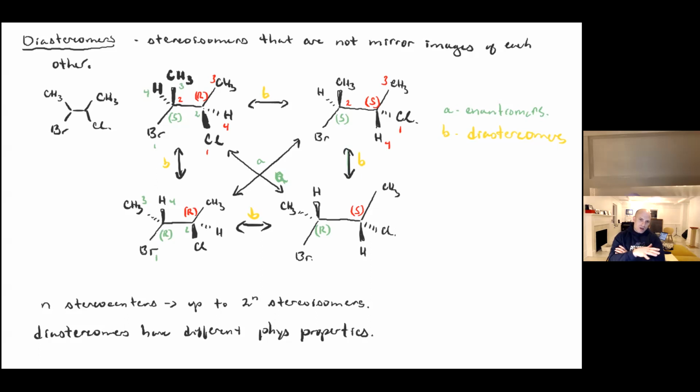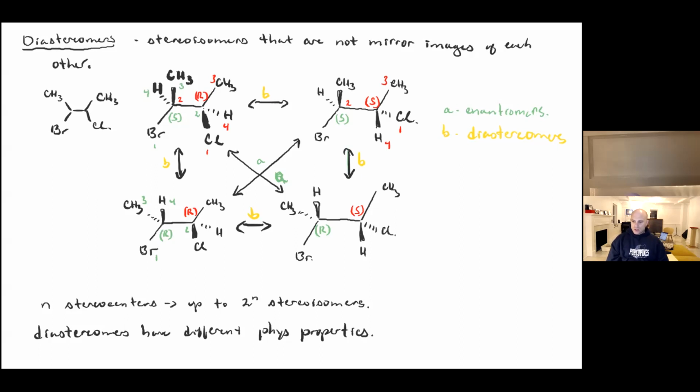This chapter was not focused on constitutional isomers. Conformational isomers differ by facile bond rotation, okay? And so we saw examples of that when we talked about eclipsed and staggered conformations of ethane. Those are conformers, and they are conformational isomers of one another, okay?